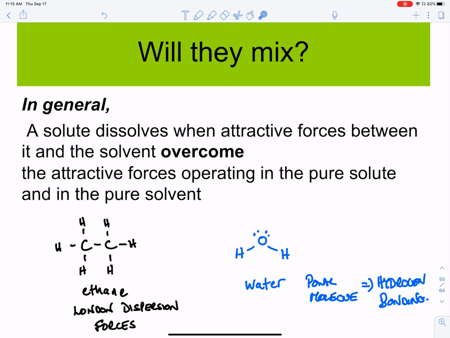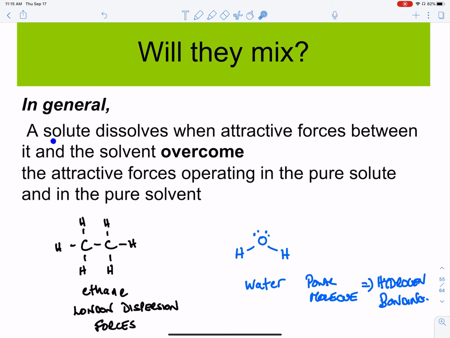Now, if we were going to dissolve ethane in water, in order for that to happen, the ethane would need to be more attracted to the water molecule than the ethane is to another ethane molecule. And if that's the case, if ethane is more attracted to the water molecule, then it will dissolve in water.